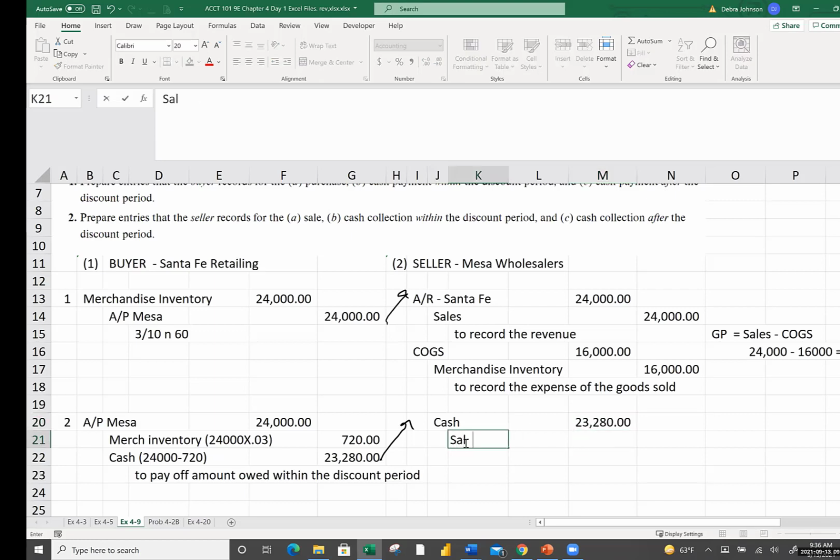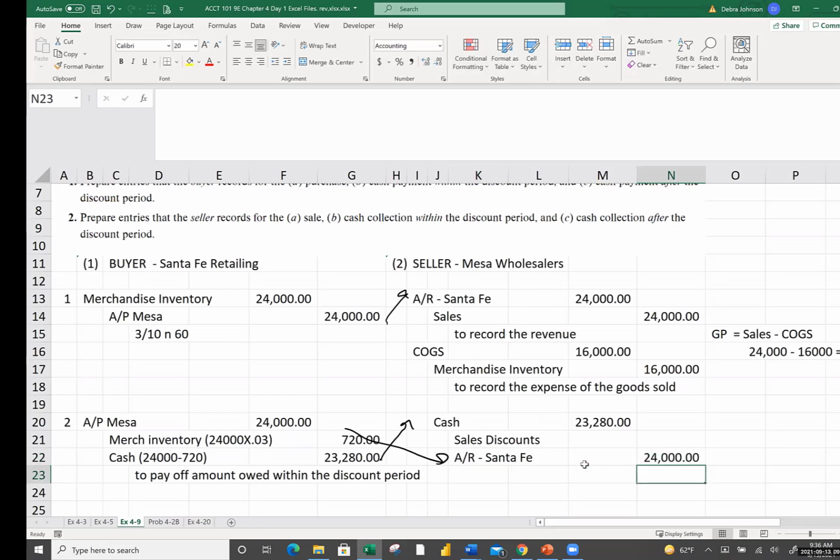And just like you did last year, we're still going to have a sales discount. And again, these accounts receivable and accounts payable mirror each other. So again, I'm going to write arrows in. They mirror each other.